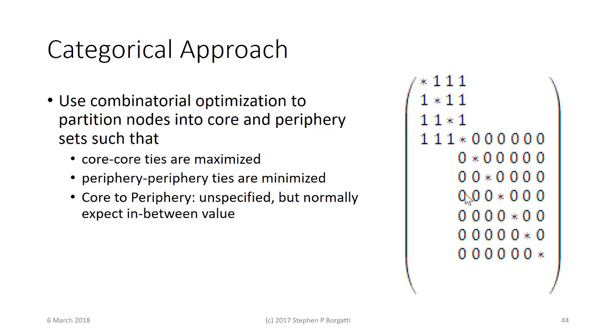And then in this view, it's blank here. It's not zero, and it's not zero here. So in other words, in this definition, we're saying we're agnostic about the ties from the core to the periphery, whatever they turn out to be. All we need is that the periphery be zero and that the core be ones, and if there's something in between for here, that's just fine.